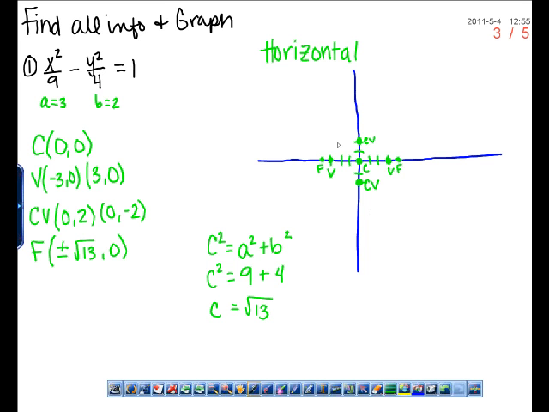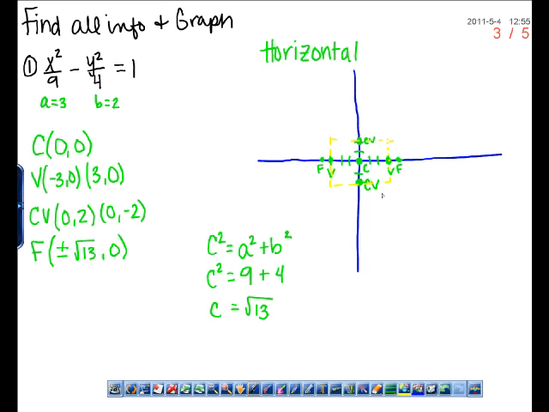The box goes through your co-vertices and your vertices. Okay?